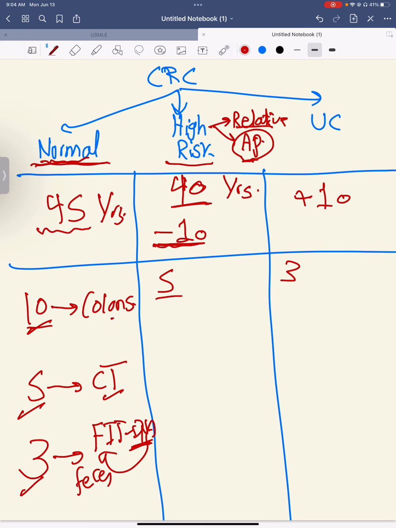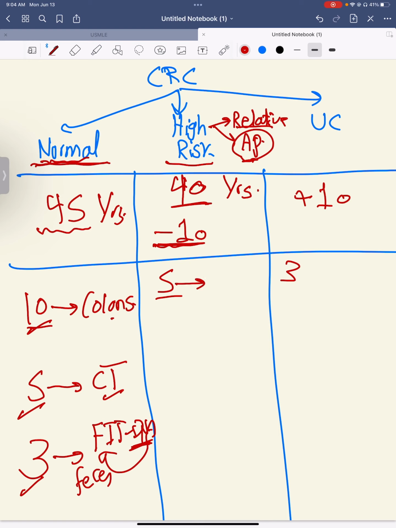His mother got colorectal cancer at age 40, so minus 10 is 30 years. Do we choose 30 years or 40 years? We choose 30 years. Why? Because we said whichever comes first. So it's 40 years or minus 10. That's the age or timing of the screening for those high-risk people.